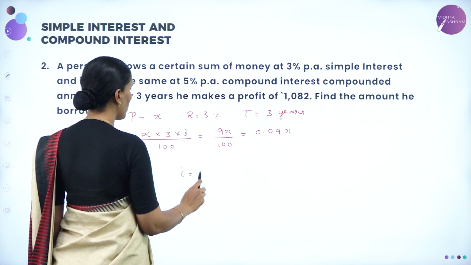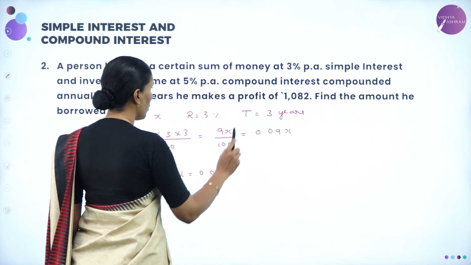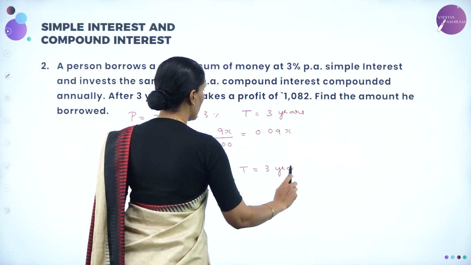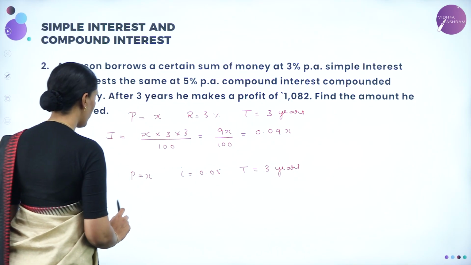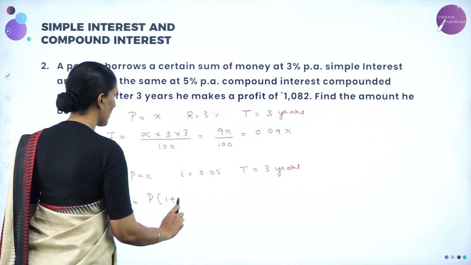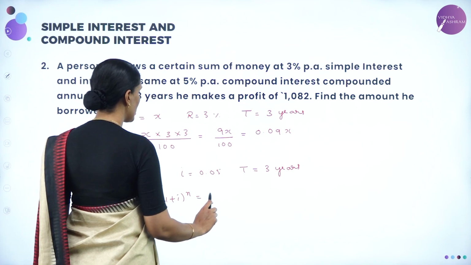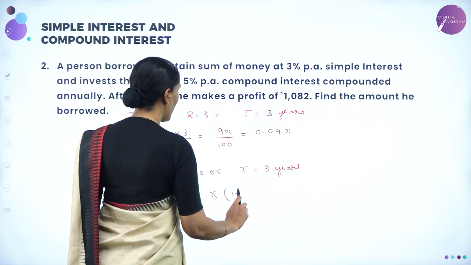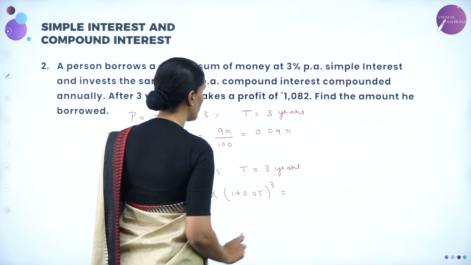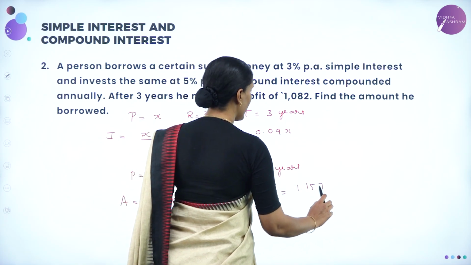So therefore, I is equal to 0.05 for the same tenure, that is T is equal to 3 years. Now to calculate the compound interest, first we need to calculate the amount. So P into (1 plus I) whole power n, which is X into (1 plus 0.05) whole power 3. This is equal to 1.1576x.